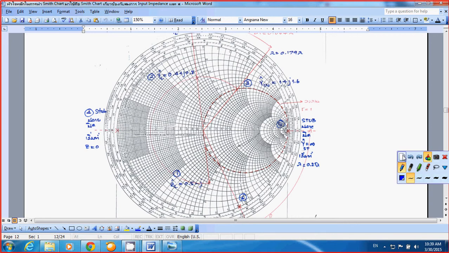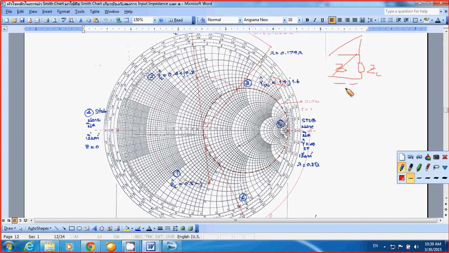Now what about the open circuit stub? Well, everything you do the same thing. You have the load connected to your transmission line here, and then the position that you will bring the stub connected in parallel to the transmission line is still the same here, because you have the real part to be 1, right?